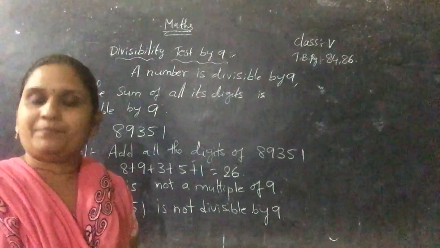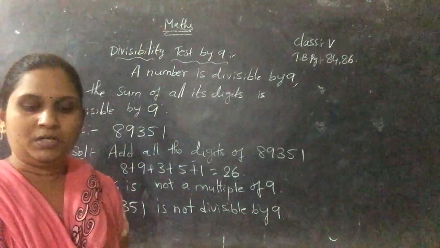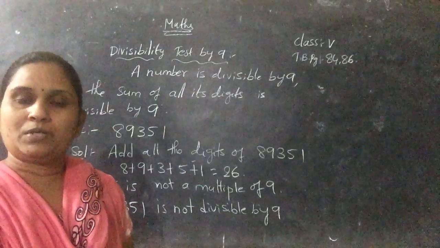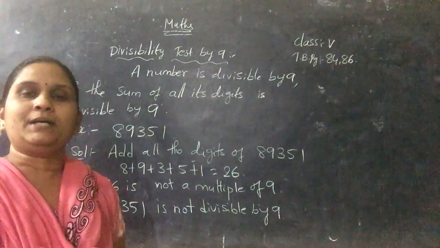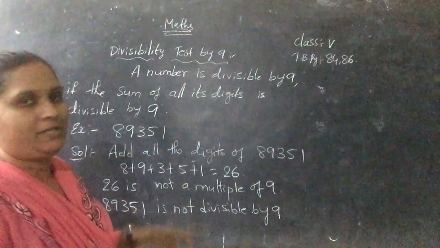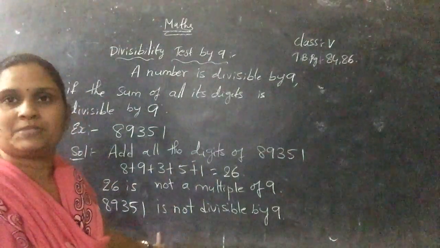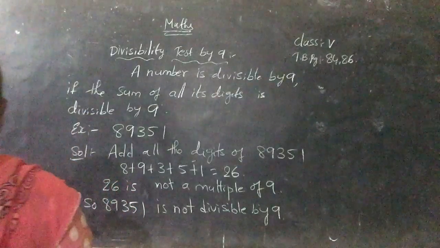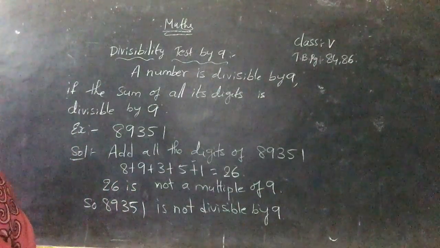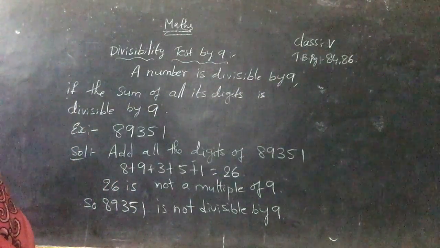So remaining sums of textbook page number 84, section E, remaining 4 sums are there. So based on this concept only, you have to do. For all the sums, children, you don't need to write the definition. Just only the solution steps I told, no, that you have to write. That's it. Now coming to the next one, about the divisibility test by 11.